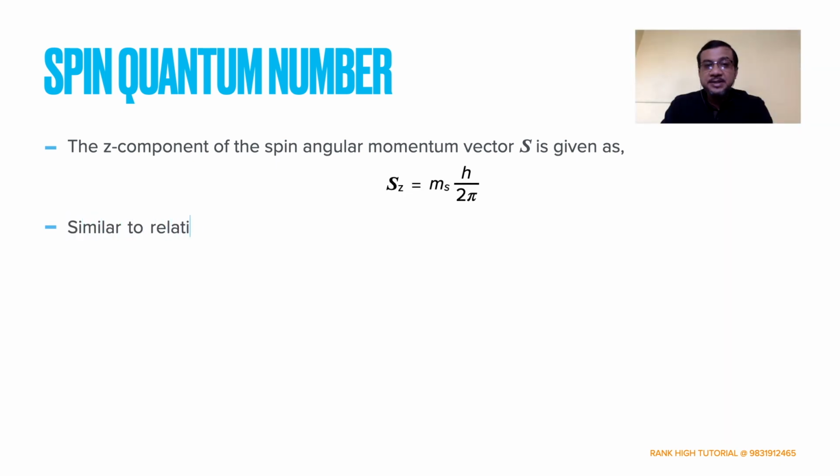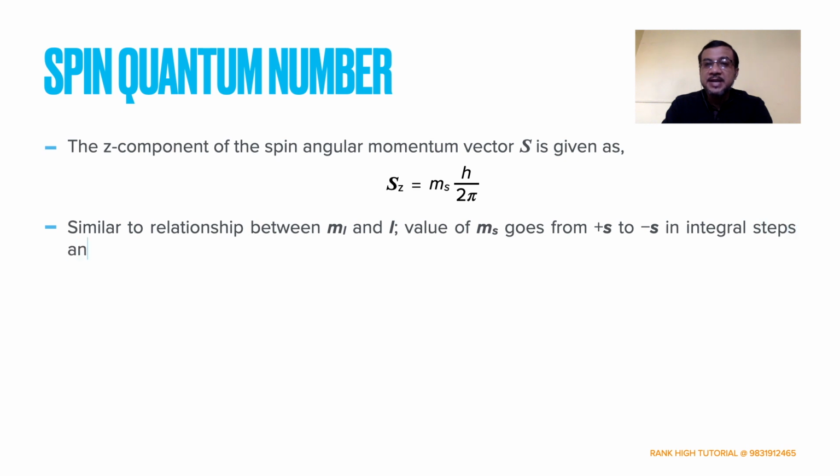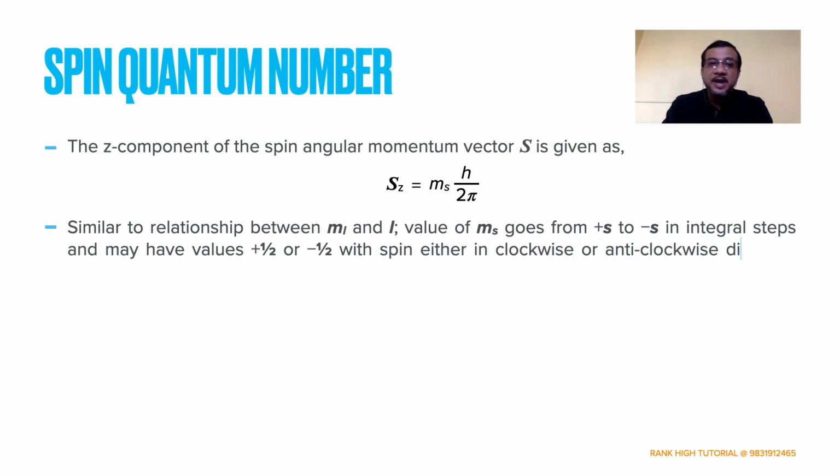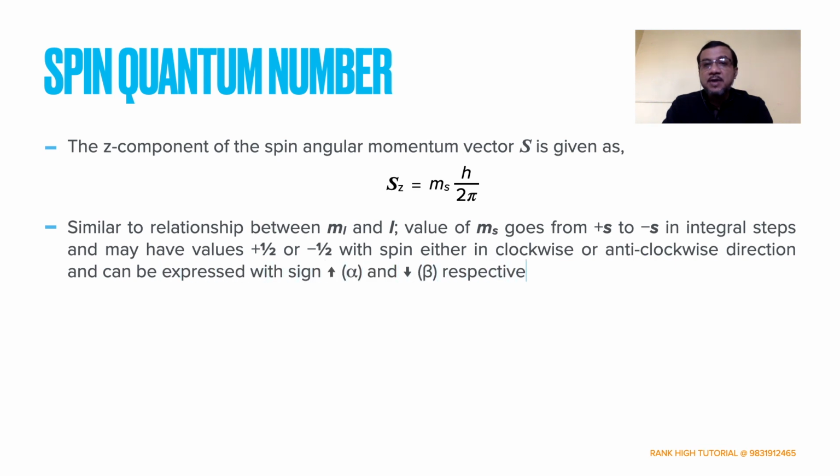Similar to the relationship between magnetic quantum number and azimuthal quantum number, the value of ms goes from plus s to minus s in integral steps and may have values plus half and minus half, with spin either in clockwise or anti-clockwise direction, and can be expressed with sign up arrow or alpha and down arrow or beta respectively, so that Sz equal to plus minus h by 4 pi.